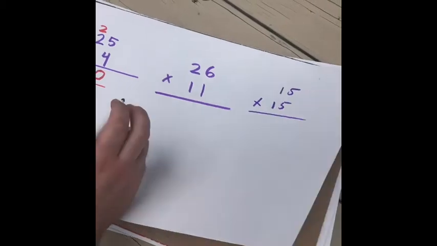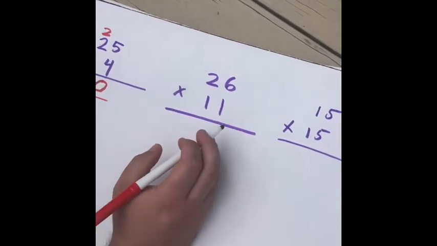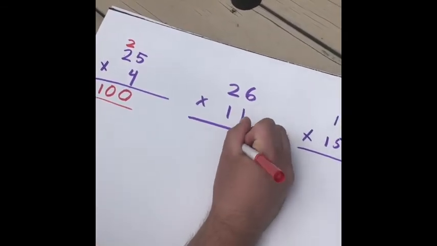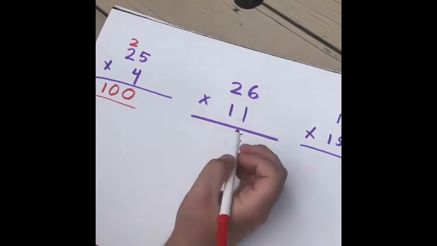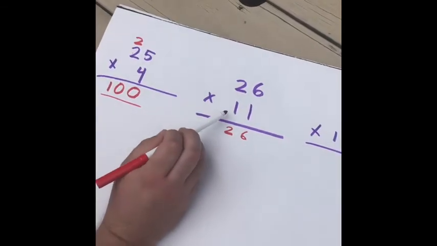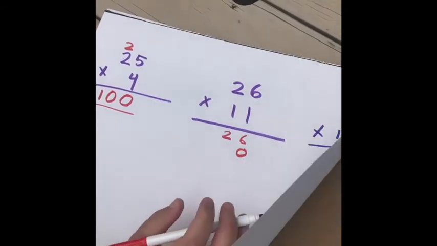Over here we have 26 times 11. So in this case you have to do a little bit more work, and it's very important how you place the numbers. So we'll start 1 times 6, you should all know is 6. 1 times 2 is 2. Now when you're going down to the next level to multiply this one by these numbers, you have to put a 0 here. It's very important.